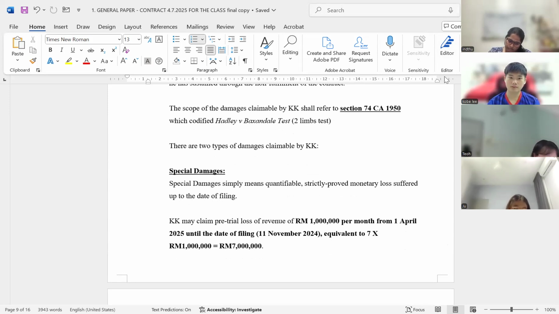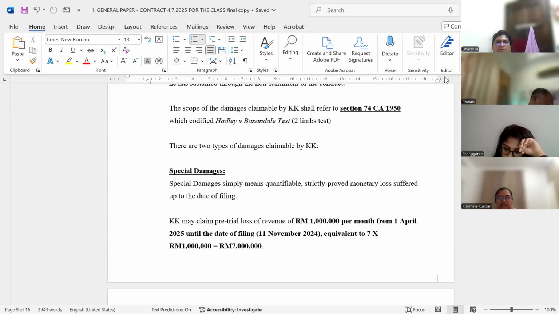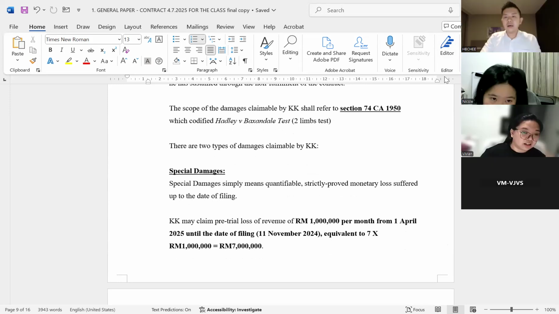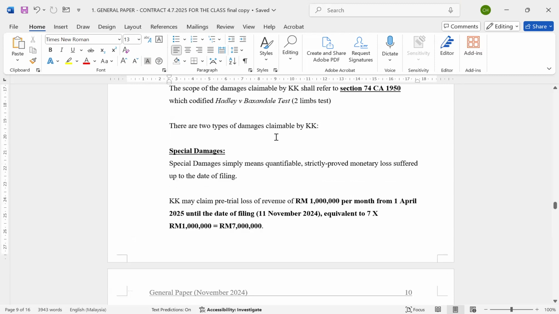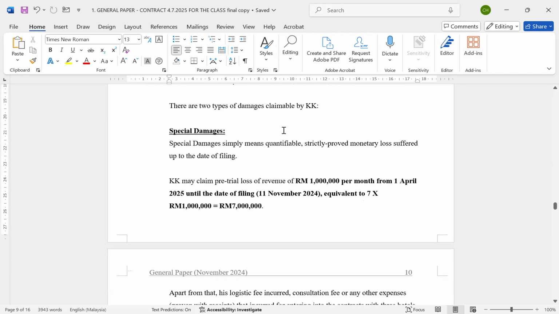In practice, for commercial contracts, sales of goods agreements, etc., the only things claimable will be your special damages and general damages. As simple as that. Don't talk about those other weird types of headings. Put it very clear: there are two types of damages claimable by KK.